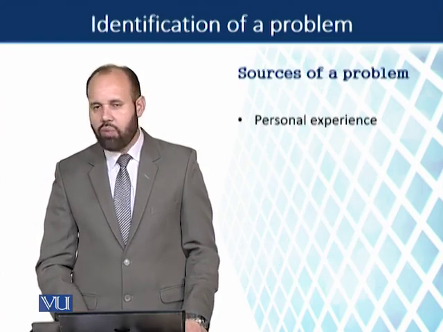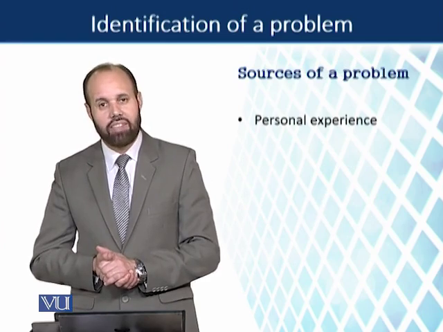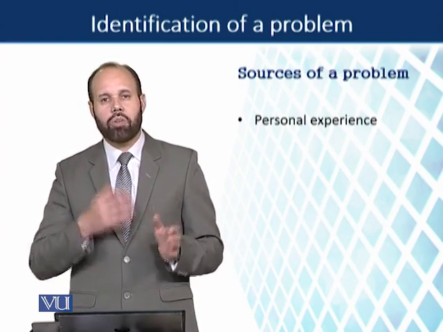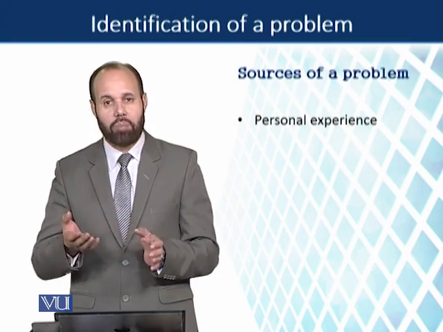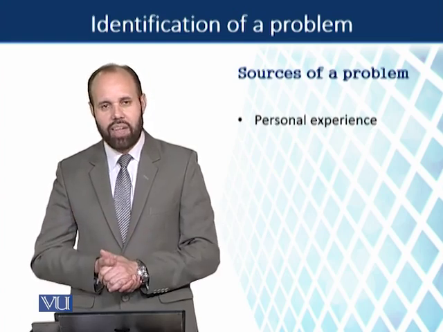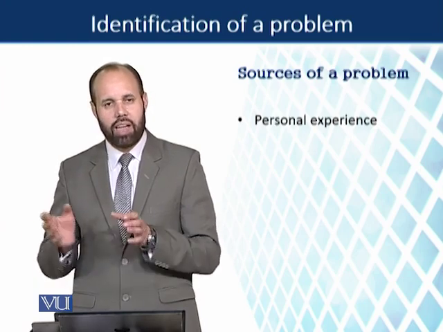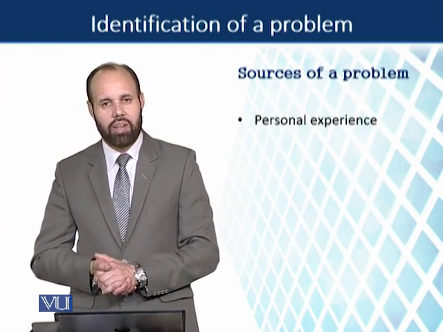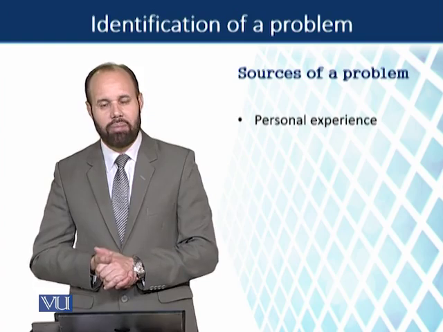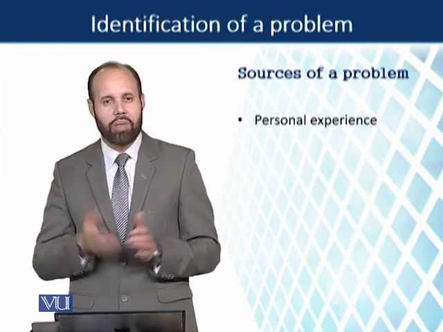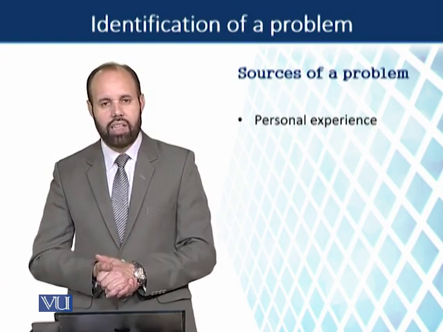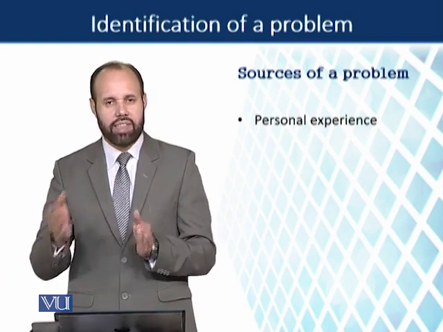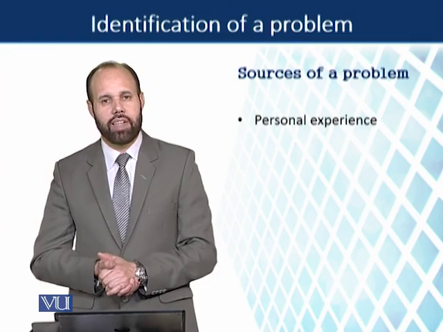So we need a problem, and we must be identifying that problem. Now, from where could we see a problem? From where could we have a problem, right? There are various sources which can provide us with a problem, where we can encounter a problem. And that problem could be the topic of our research study, right? So the first point in social sciences is your personal experience, right?